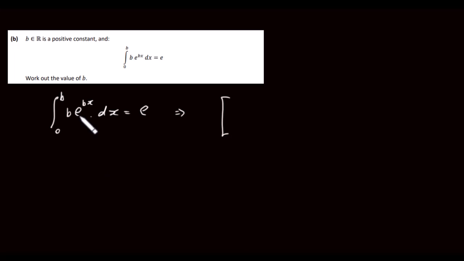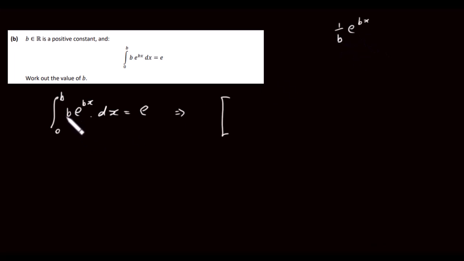Well, if you integrate e to the power of bx, you'll get e to the power of bx, and then you've got to divide by b as well, because if you differentiate this, you'll get b e to the power of bx, so you'll end up with an extra b. To get rid of that extra b, you've got to divide by b.